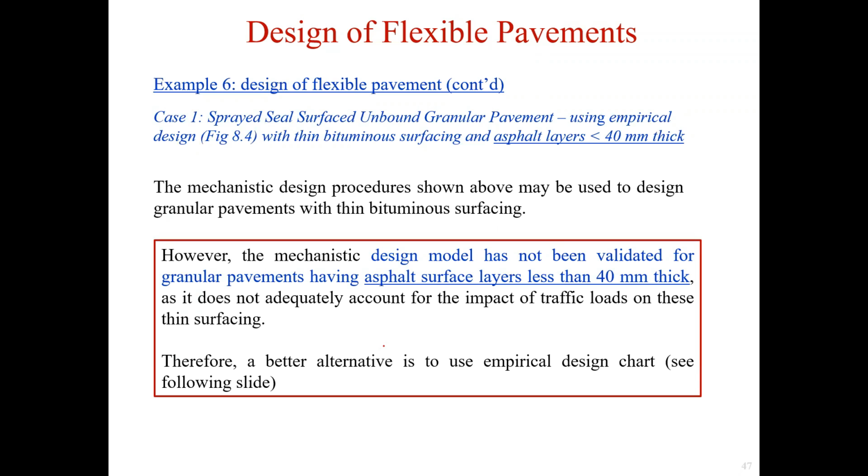As it has not adequately accounted for the effect of traffic loading on the thin surfacing, we could also use the empirical design chart given in figure 8.4 to determine the thickness of unbound granular materials required over the subgrade.